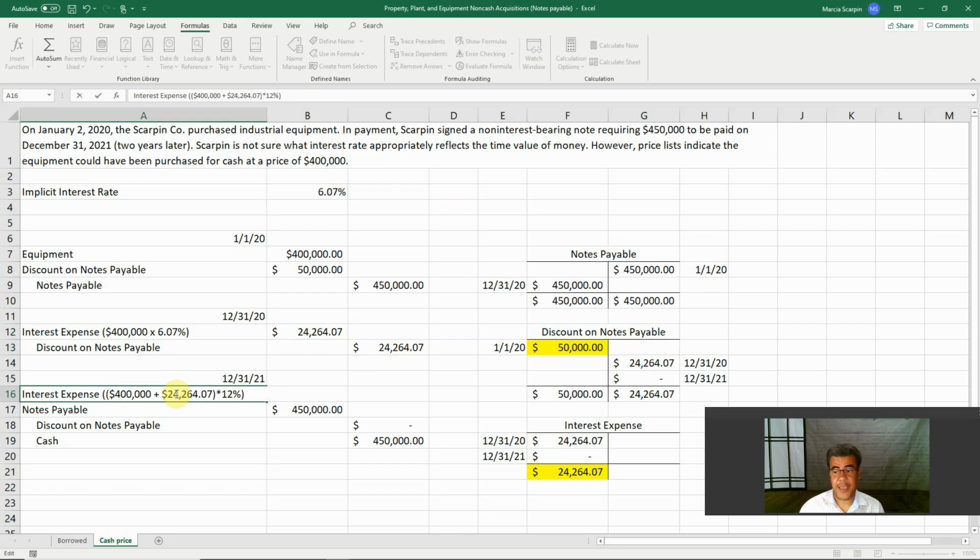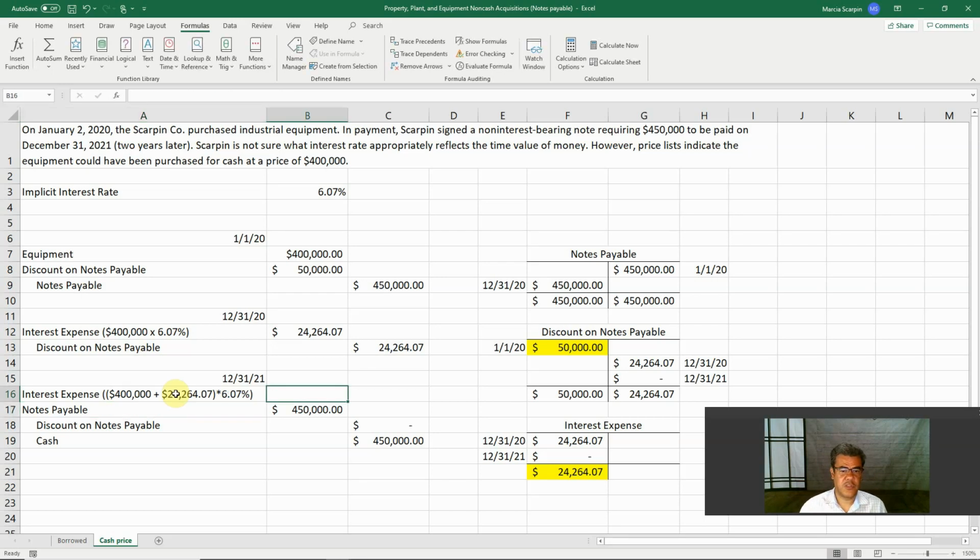Okay, so we are paying less interest now because the next year we are combining our equipment plus interest. So we will pay more interest on the second year. So here, 400 plus the interest expense times the implicit interest rate.